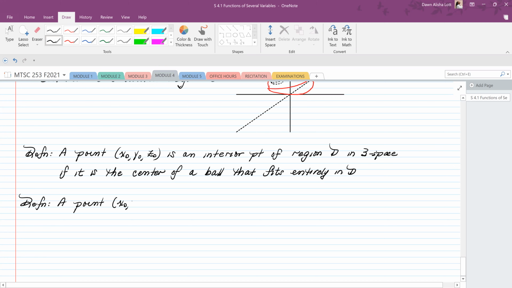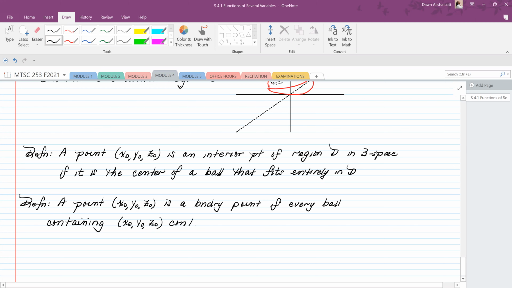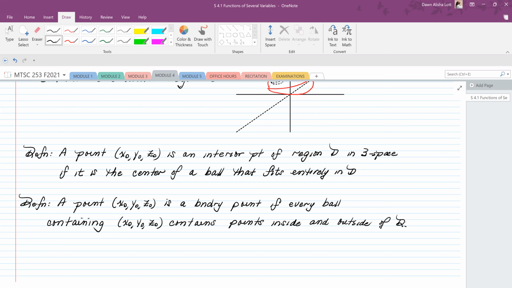A point X naught, Y naught, Z naught is a boundary point if every ball containing the point X naught, Y naught, Z naught contains points inside and outside of D. Okay, same definitions as before, except now we're using balls.